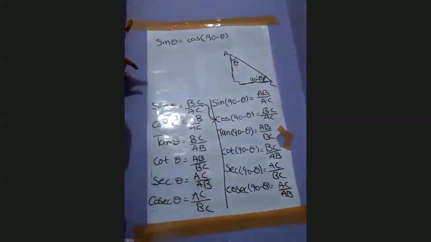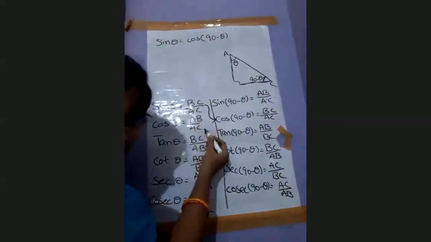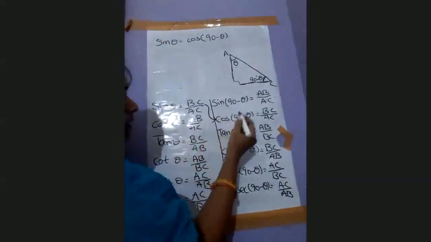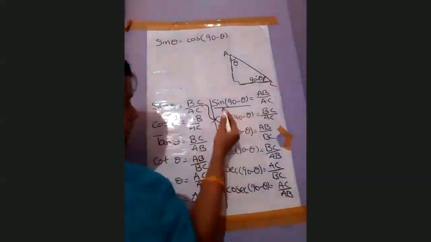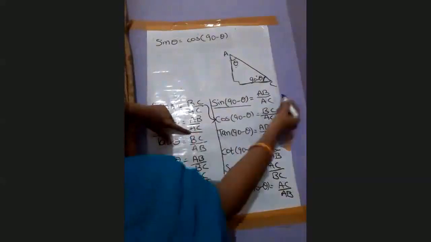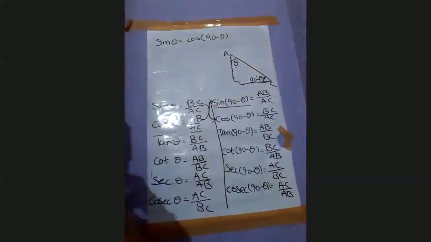Observe one more thing. Cos theta is equal to AB by BC, okay? Let us examine this one. Sin of 90 minus theta is equal to AB by BC. So here also AB by BC and AB by BC. These two are equal, right?